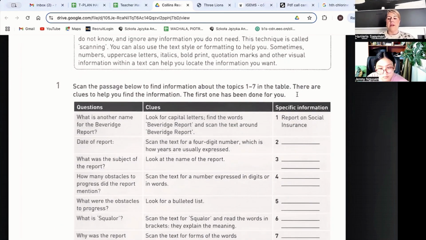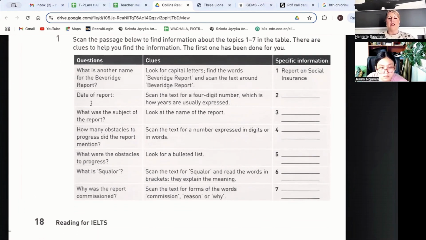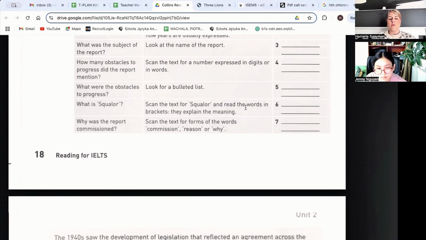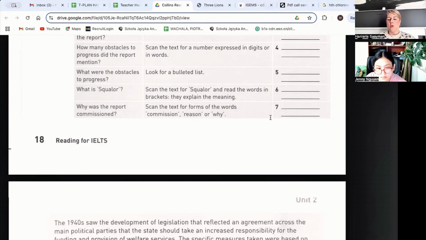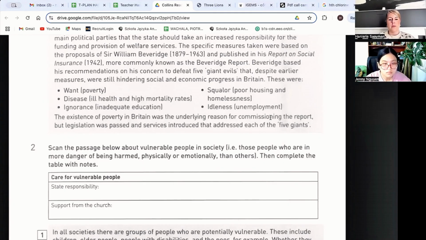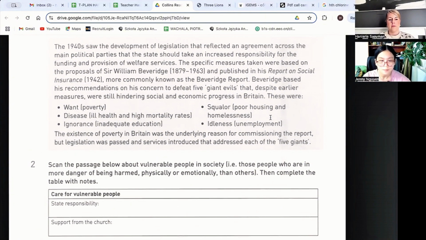Okay, so now, based on what you read, date of report. The standard text is a 4-digit number, which is how years are usually expressed. So what was the date of report? 1942.